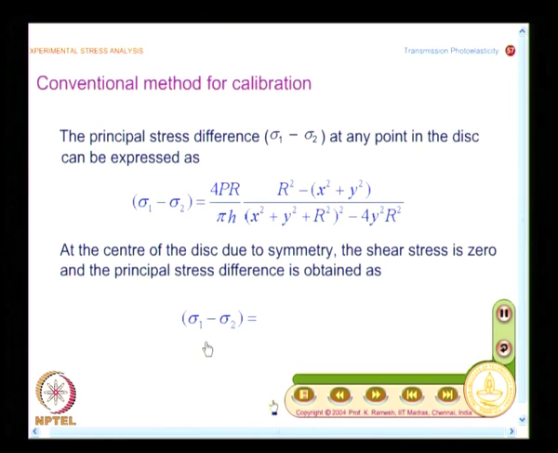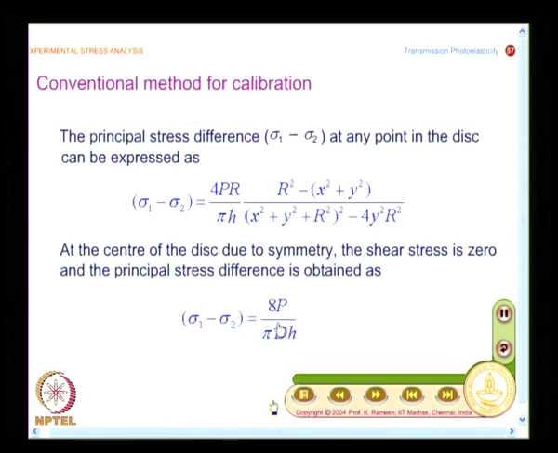You just put x equal to 0 and y equal to 0, you get an expression, and I want you to simplify it. The expression is also popularly written in terms of the diameter of the disk. So, instead of putting the value as r, the radius, you express it as d by 2, so that you have a very popular expression, and that is obtained as sigma 1 minus sigma 2 equal to 8 p by pi d h, as simple as that.